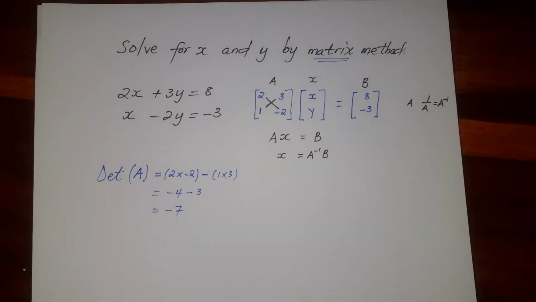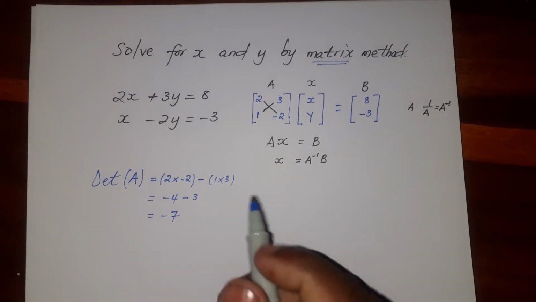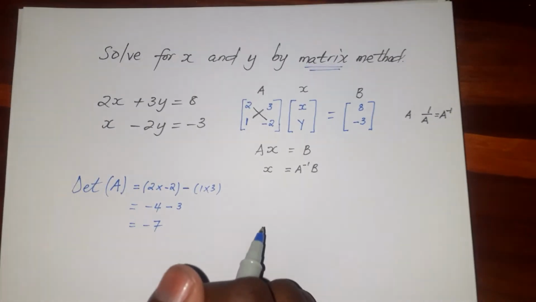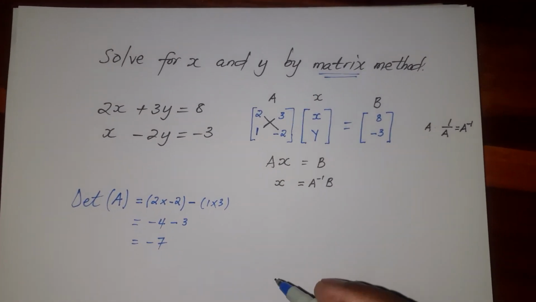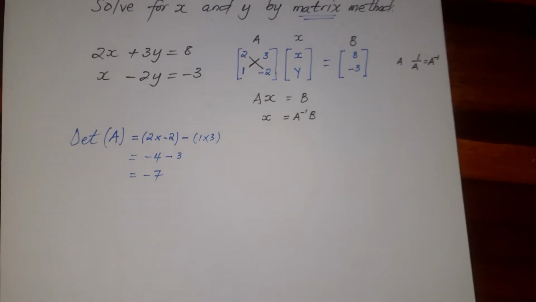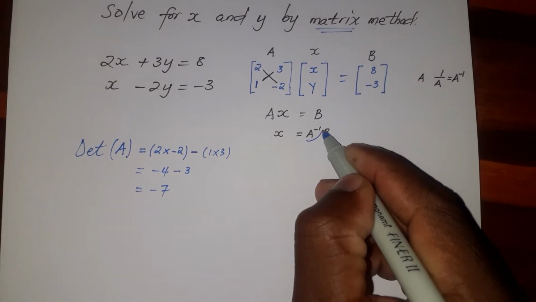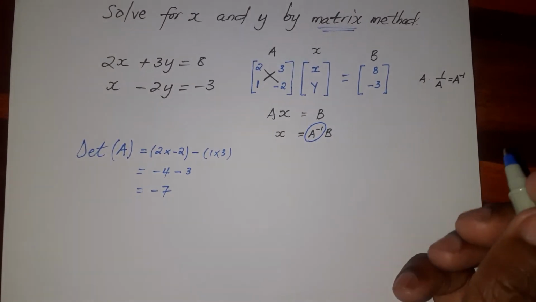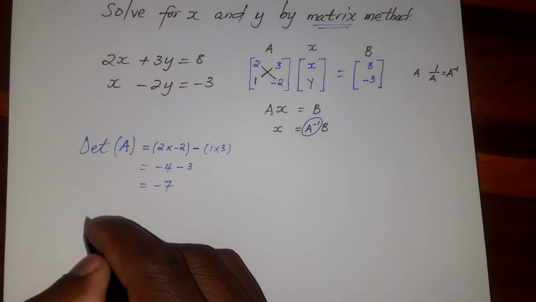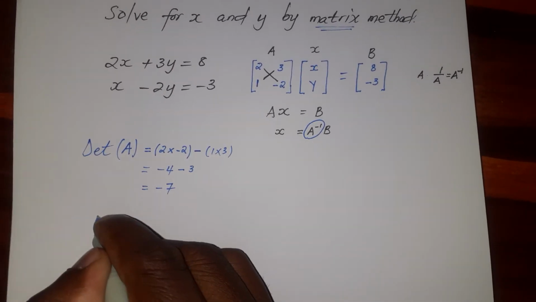Now, whenever you have the determinant not equal to 0, it means there is an inverse for that particular matrix. Once we have the determinant, what we now need to do is to get the inverse of A. Let me just use the blue pen.